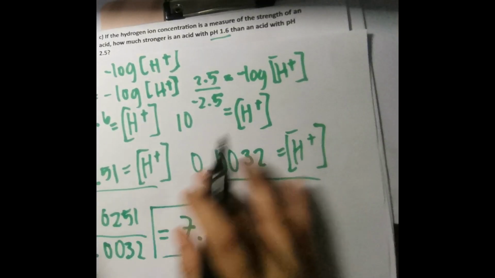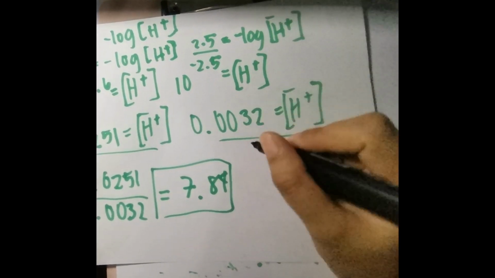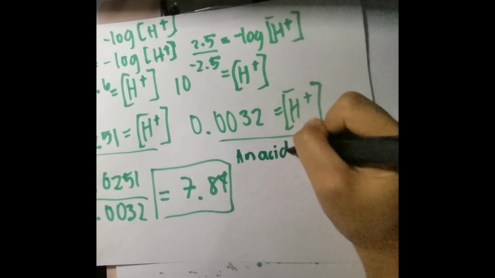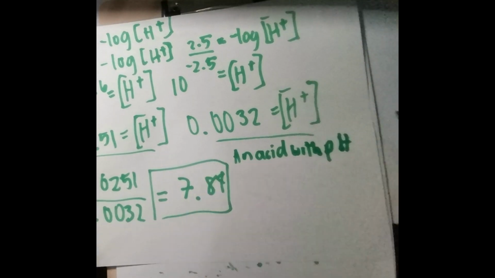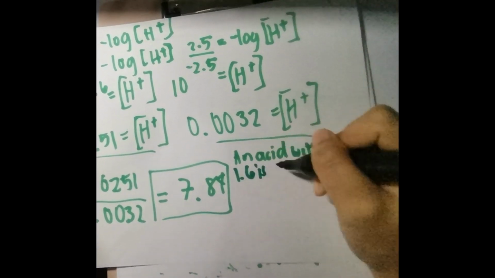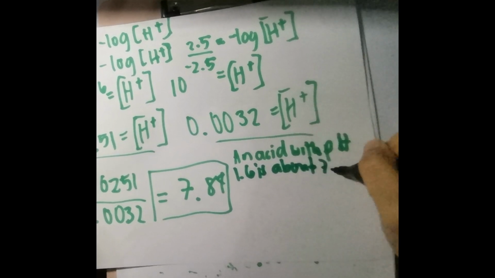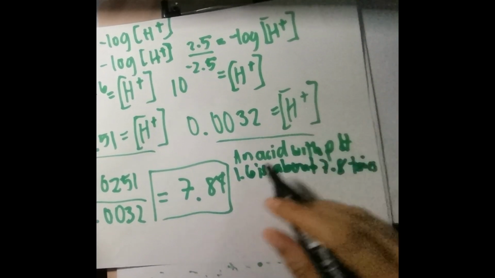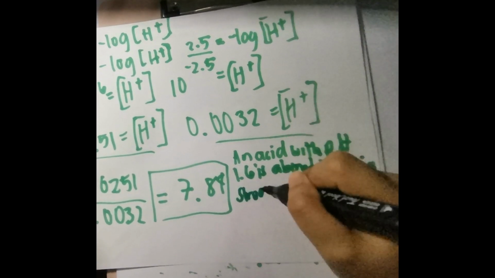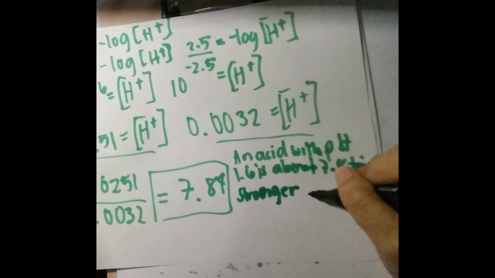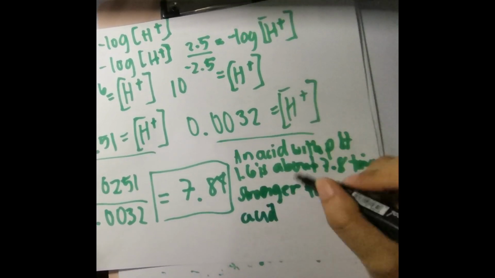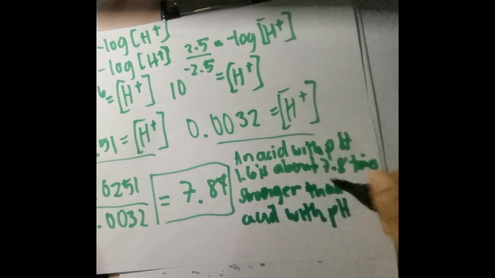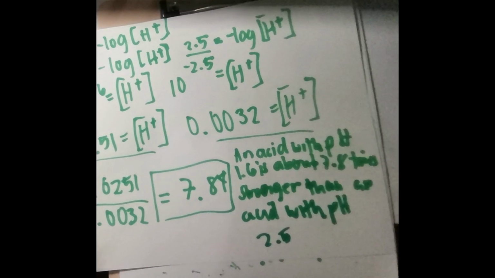And this is the conclusion: an acid with pH 1.6 is about 7.8 times stronger than an acid with pH 2.5. So this is our conclusion.